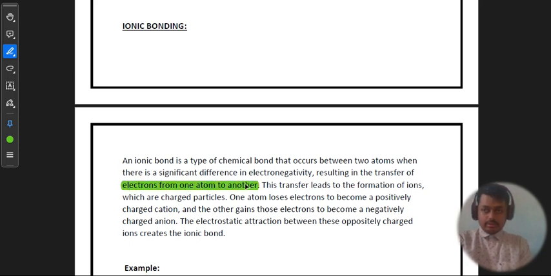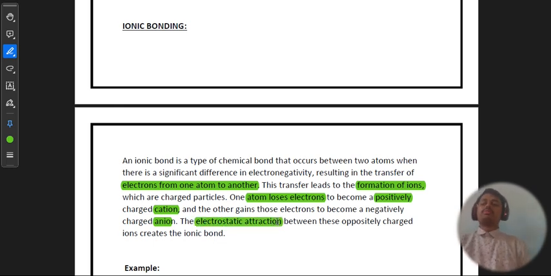Very important point. This transfer leads to the formation of ions I mentioned above, the charged particles, and one atom loses an electron and becomes positively charged, known as a cation, and the other gains electrons to become a negatively charged anion. The electrostatic attraction between these oppositely charged ions is called an ionic bond, which I have mentioned below. This term electrostatic attraction is very important from the exam point of view.